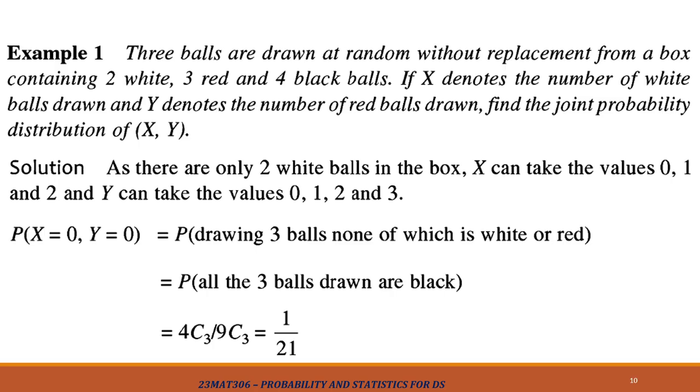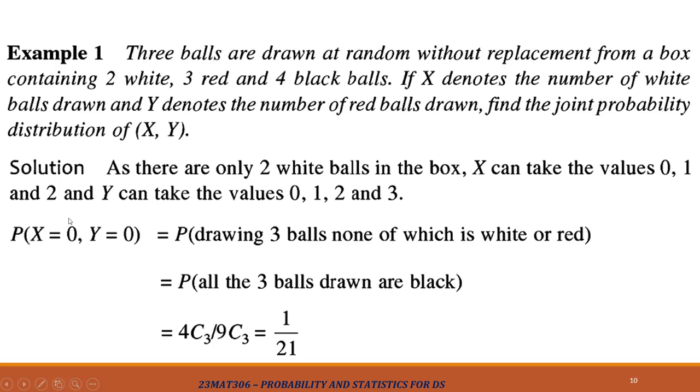For y, we can have 0 red balls, 1, 2 or 3 red balls. So here we have to find the joint probability distribution of x and y, where x is for white balls and y for red balls.